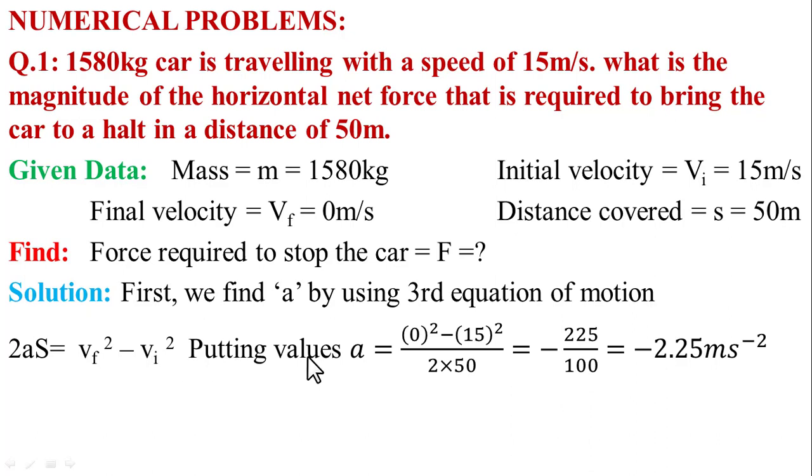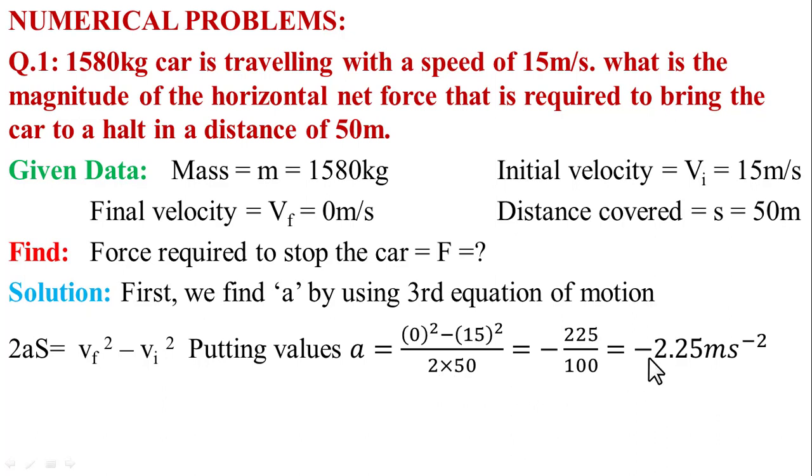Now putting the values, A is equal to Vf, 0 square, minus Vi, 15 square, divided by 2 multiplied by 50. 0 square is 0, so minus 15 square is minus 225, divided by 50 multiplied by 2, that is 100.